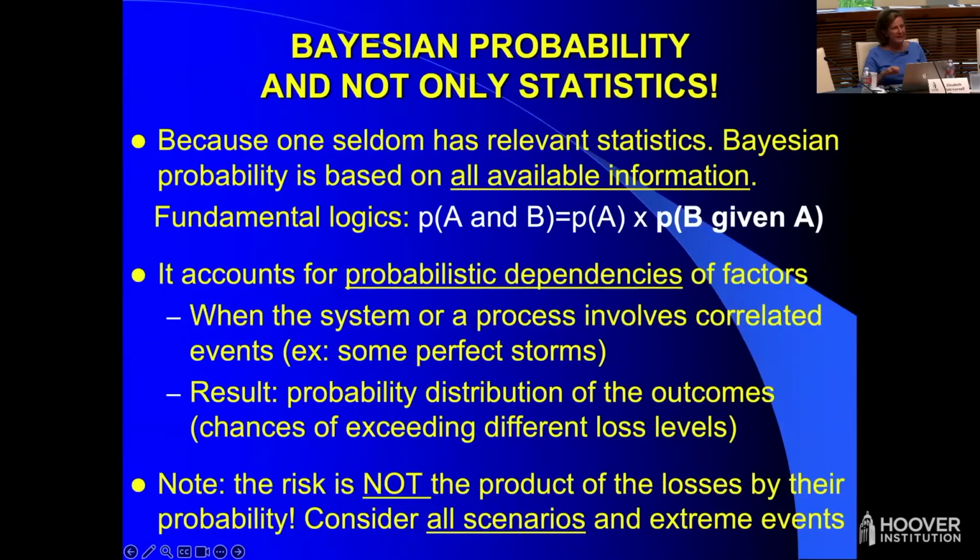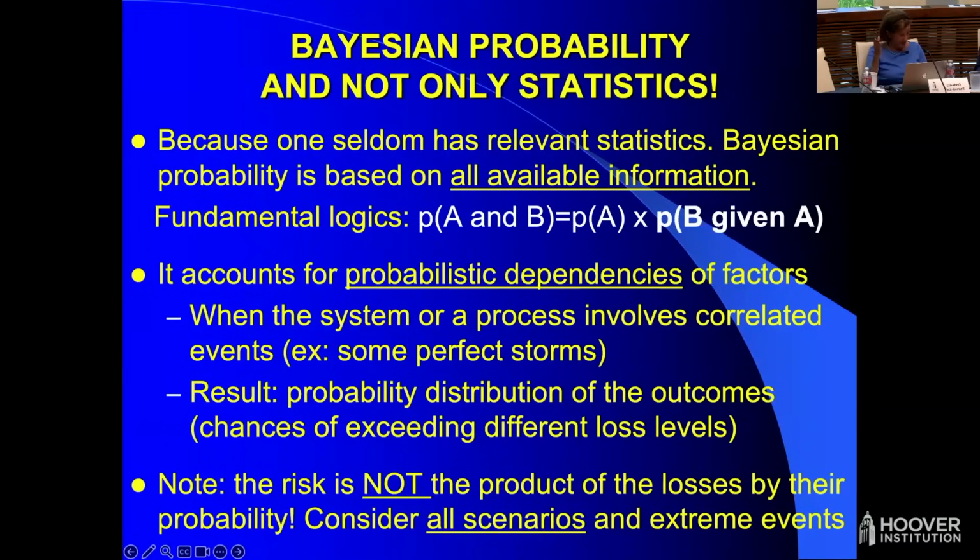And Bayesian probability is based on all available information. And I give you one equation in this talk. The probability of A and B is the probability of A multiplied by that of B given A. So B given A, the probability may be close to 1 or close to 0. So it's not the probability of A multiplied by that of B.